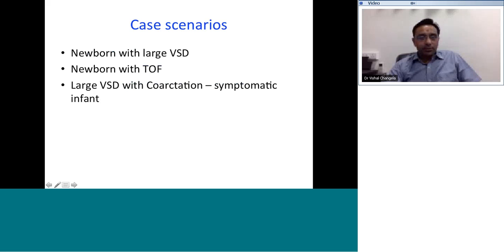Nothing. Dr. Sudipta, Dr. Amitos both have given the right answer. Even Dr. Ghosh. So at present nothing, but we need to follow and see the effects later on, especially at 6 weeks of age when there is a fall in PVR, they may develop symptoms.